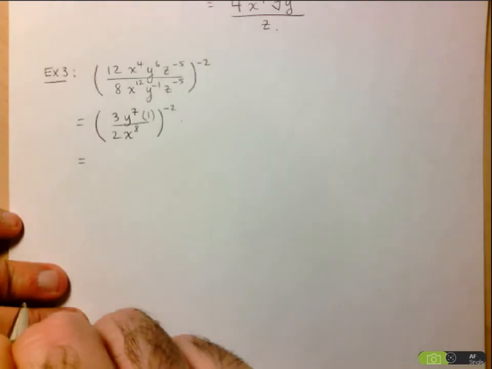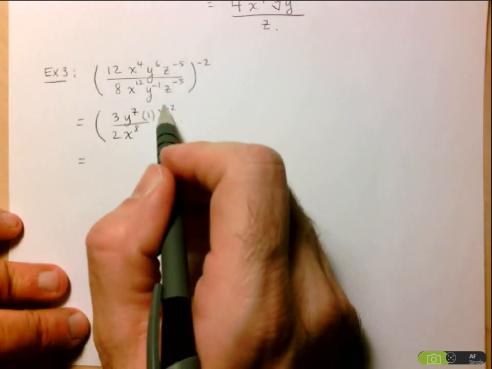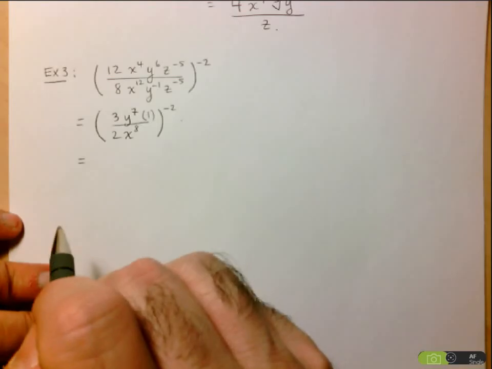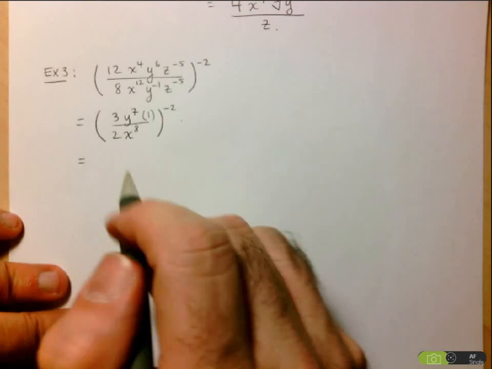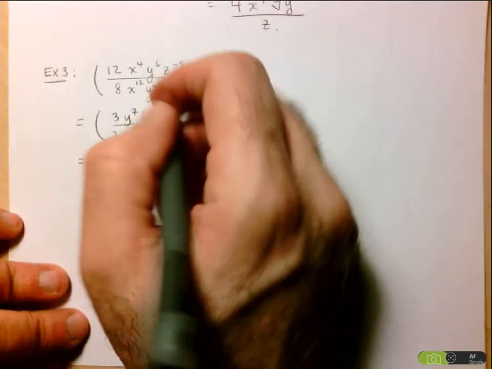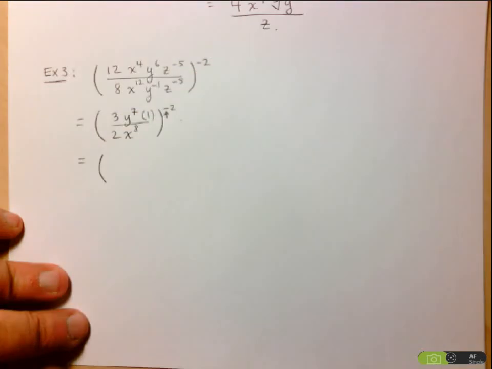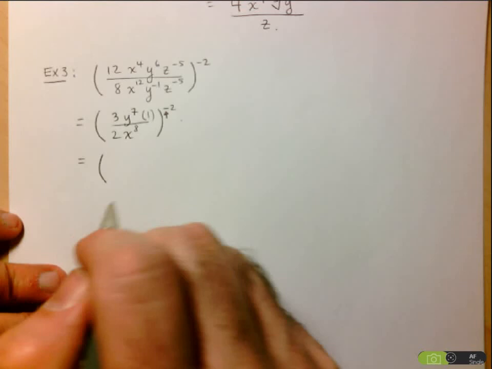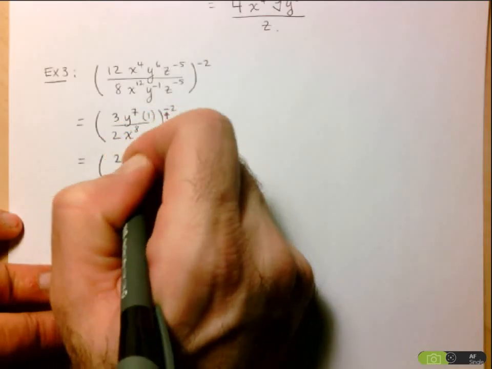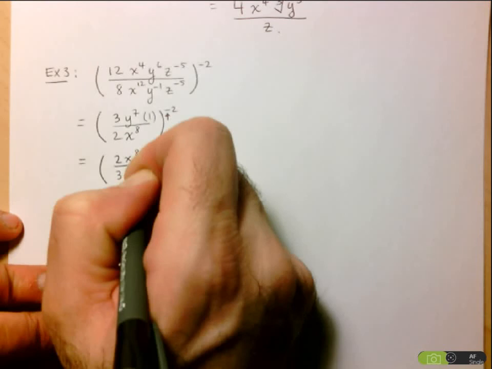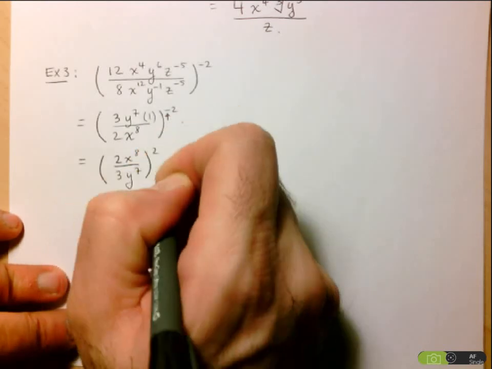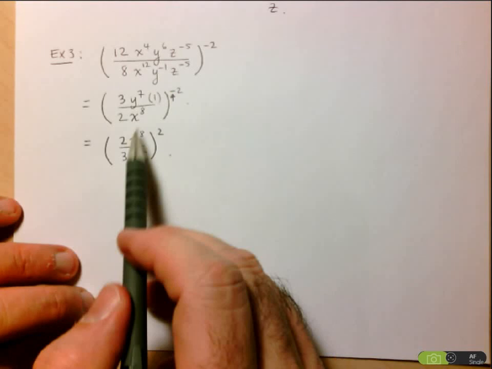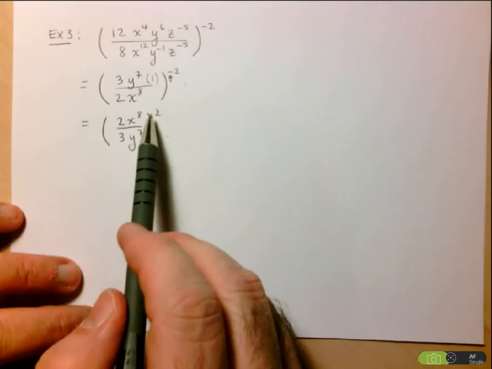What I'm going to do next is ask again, what does the negative in the exponent do to the base? It gives me the reciprocal. So next I'm just going to take into consideration the negative portion of that exponent, which is going to give me the reciprocal of the base. So here I have 2x to the 8 over 3y to the 7. Since I've taken into account this negative already by taking the reciprocal, it now becomes positive.